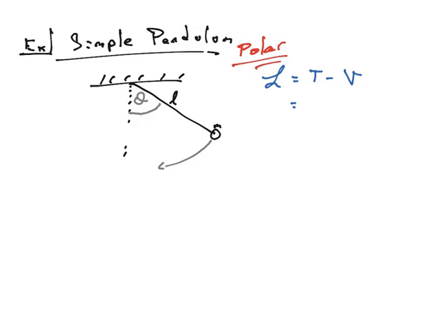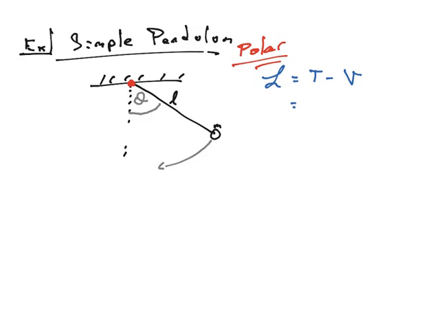Because in polar coordinates, notice the radius of our mass, that is how far from the center point the mass is, is constant. It's always a distance L away from the pivot point, because it's always at the end of the string. And of course, I'm going to assume my string does not go slack.